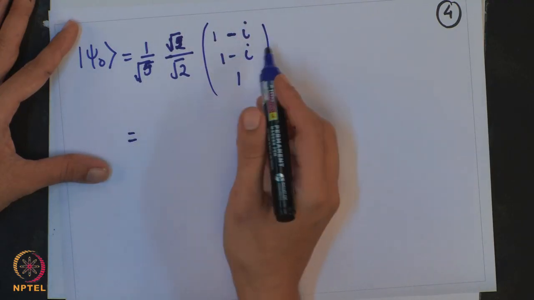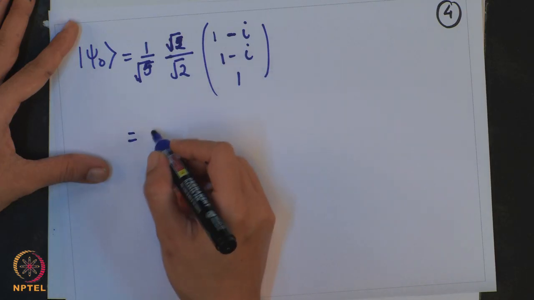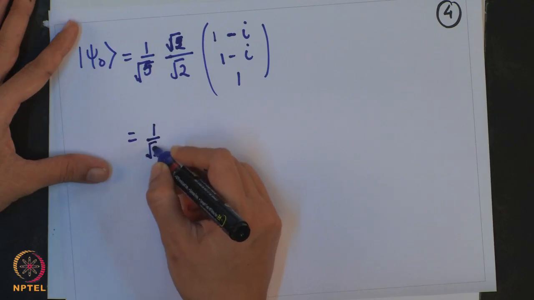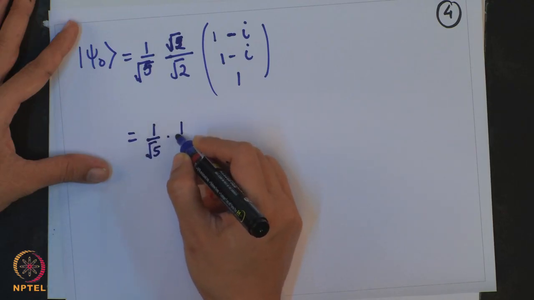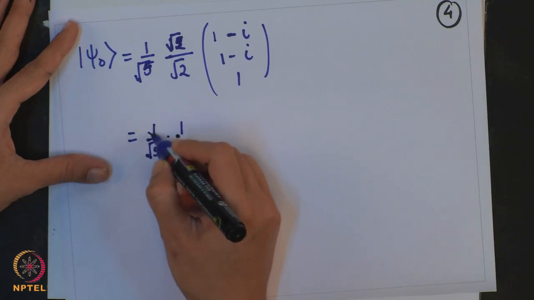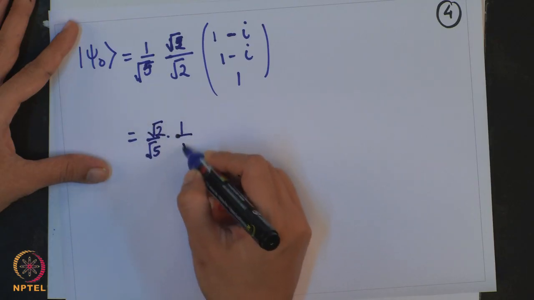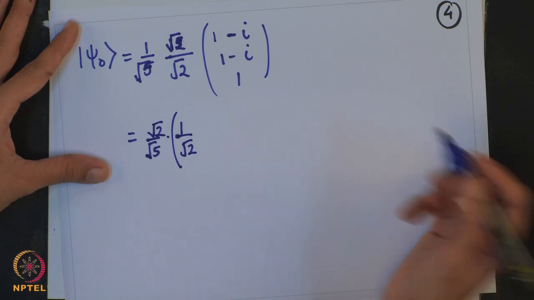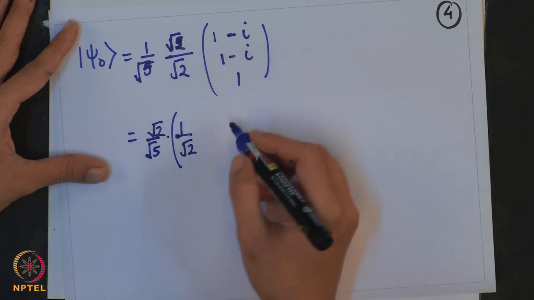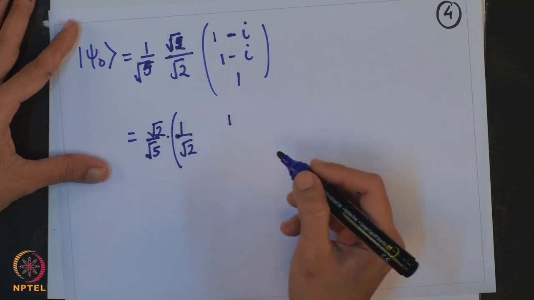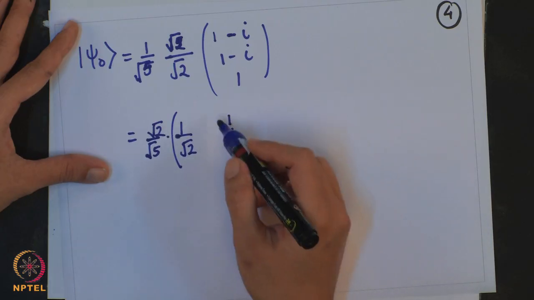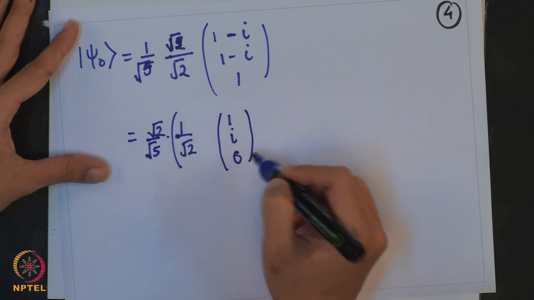So this can be rewritten as 1 by root 5 into root 2, and then I can write this as (1, i, 0). Okay. This is my psi 1.